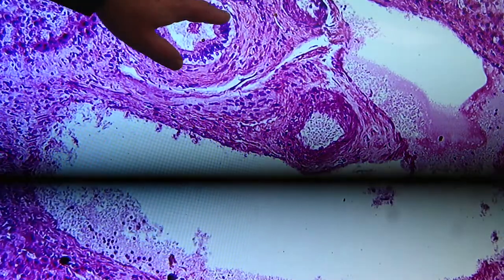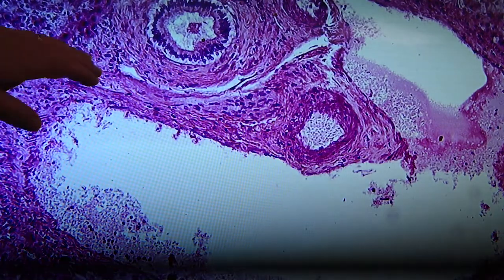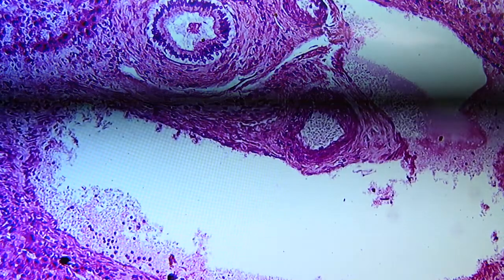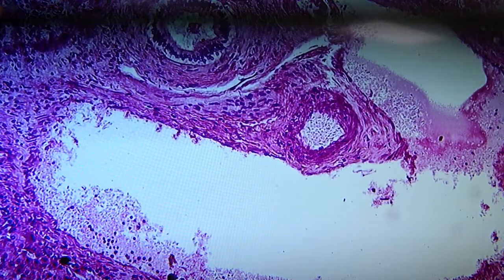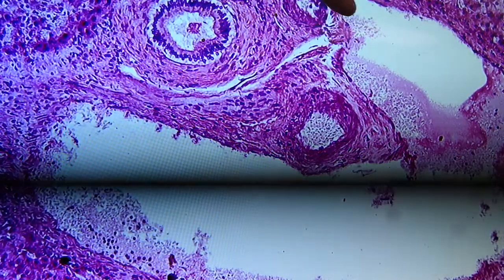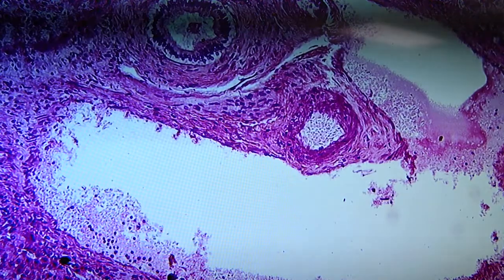And then this is the larger bile duct with a columnar epithelium instead of a cuboidal epithelium. And plenty of collagen surrounding most of that triad group. Hepatocytes and sinusoids can be seen up here and down in this corner over here and a little bit up here as well.